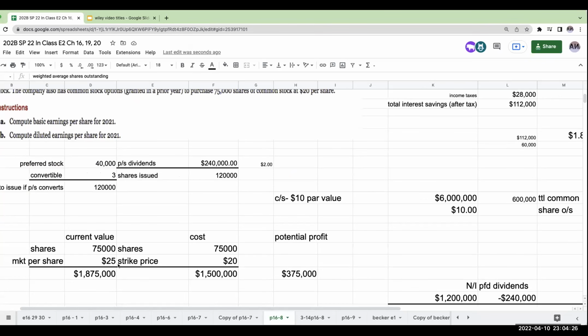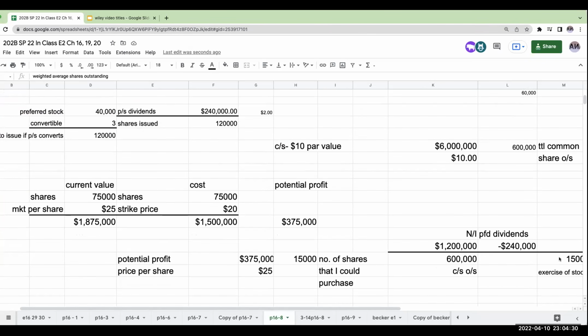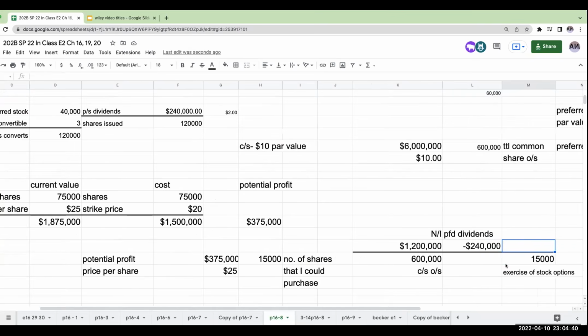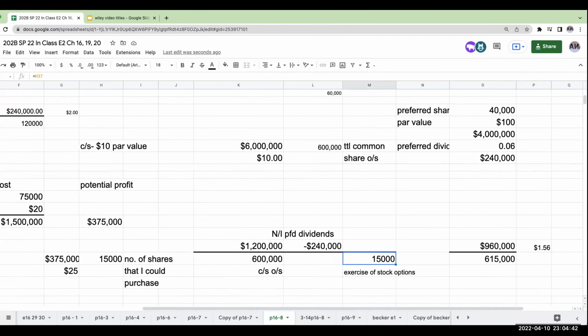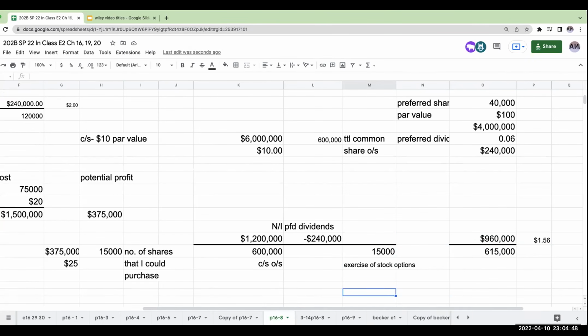If these were exercised cashlessly, that's another 15,000 shares. This is the most dilutive because there's nothing coming off of the numerator.